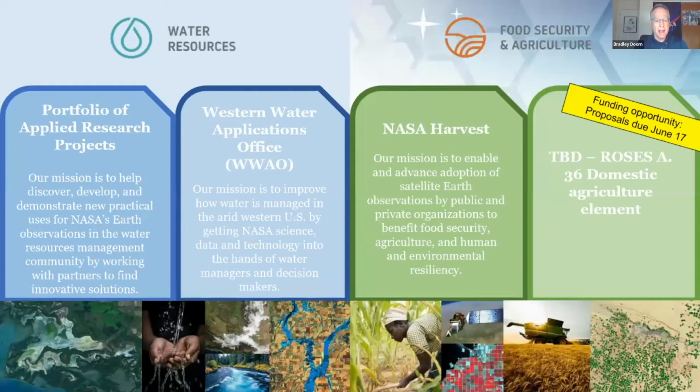And so we outsourced the program basically, and we competed it. University of Maryland won that award 5 years ago. They are actually going through a process of renewing the global component of that at University of Maryland. So NASA Harvest will continue on.